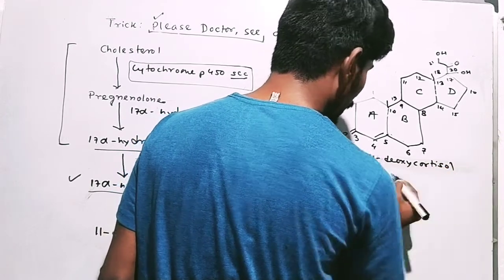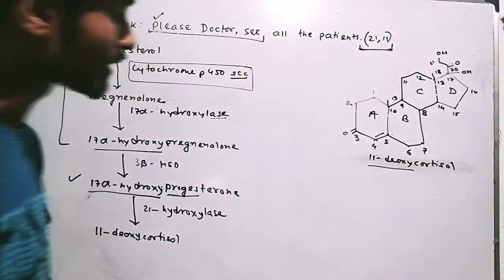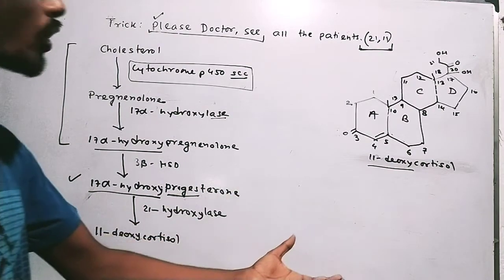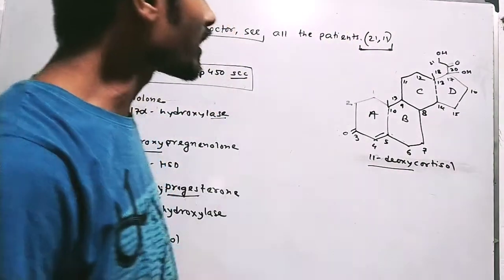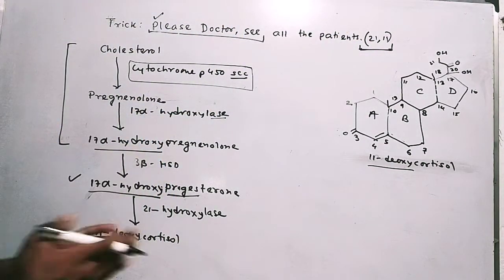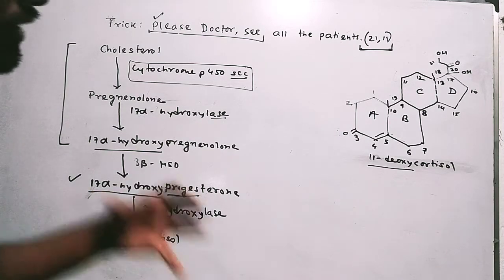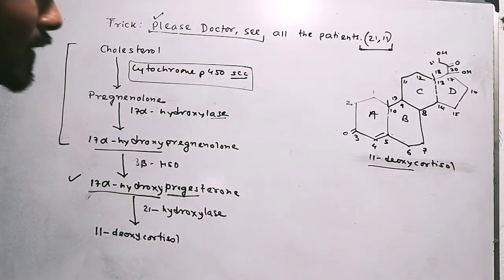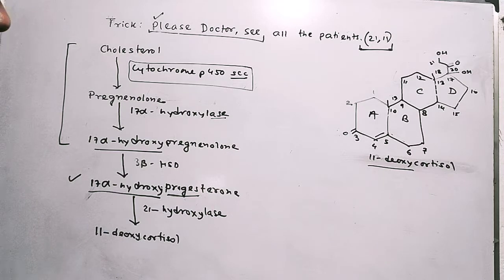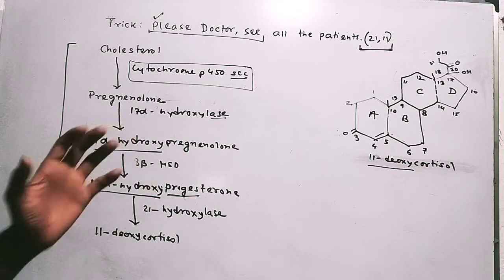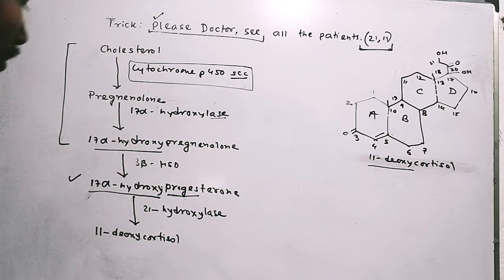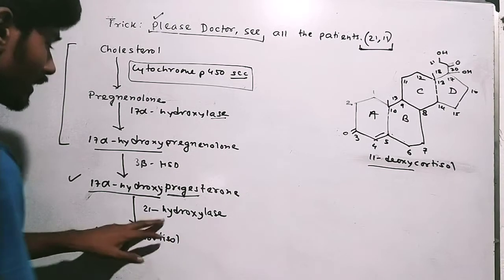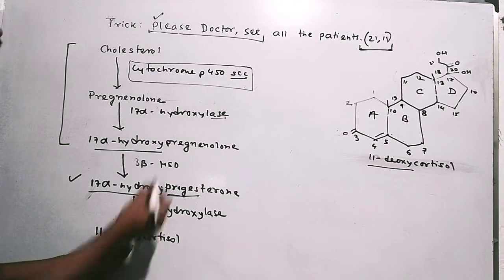By the name, you can understand it is called 11-deoxy because an oxygen is absent at the 11th position of this molecule, and for this we have to introduce the oxygen, that is a hydroxyl group, here. So it is the same molecule being formed as DC.